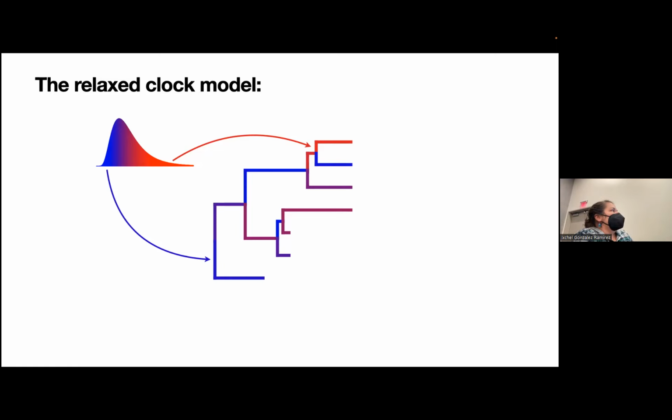Here is an example where it is a curve, but it could be flat. Basically I draw values from this distribution and allow each branch to pick its own rate, the one that fits that branch better. All these things require you to specify priors, and you can use priors like this. If you have more information, you can use other types of priors.